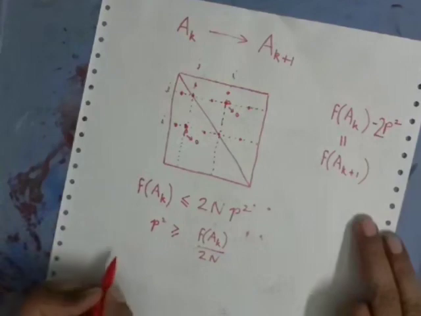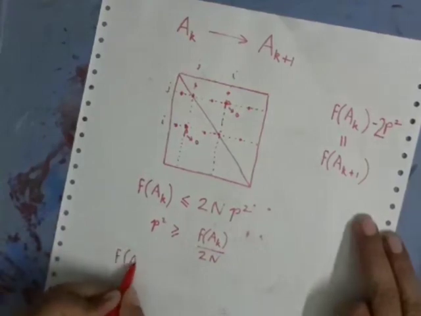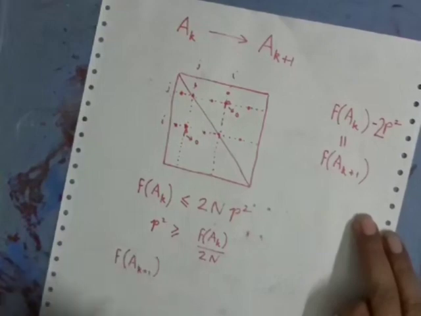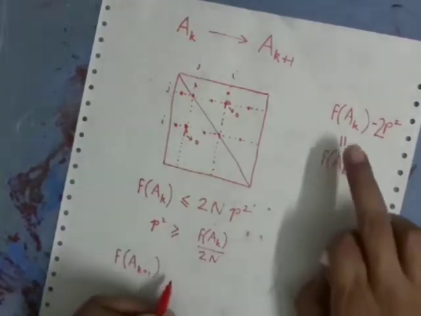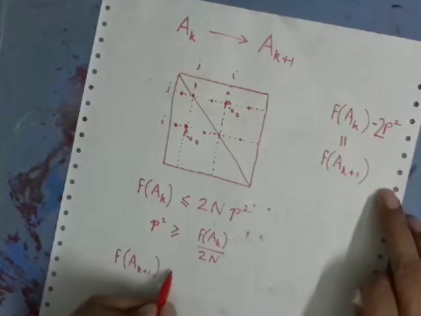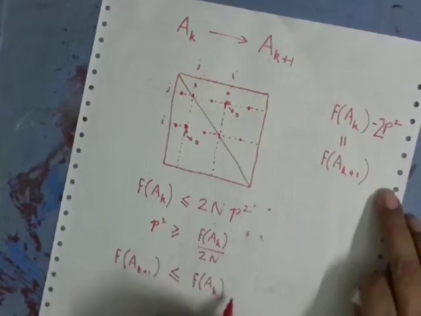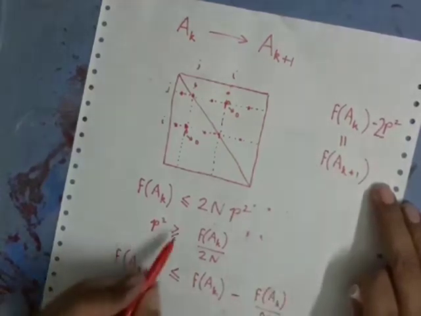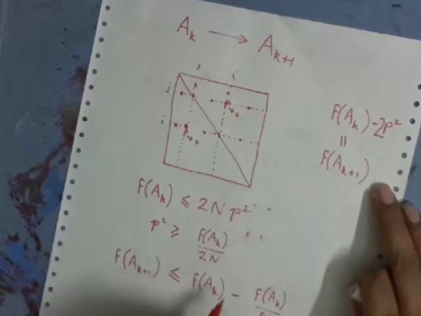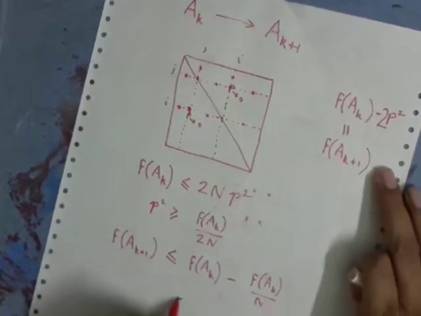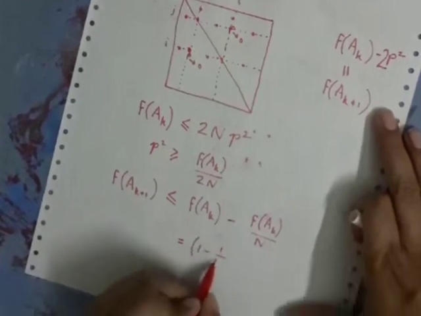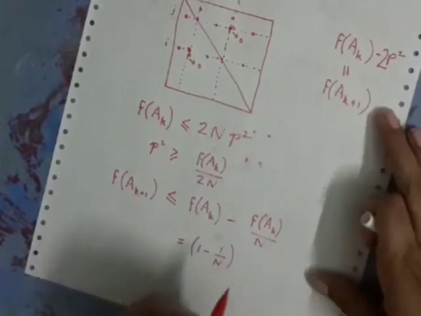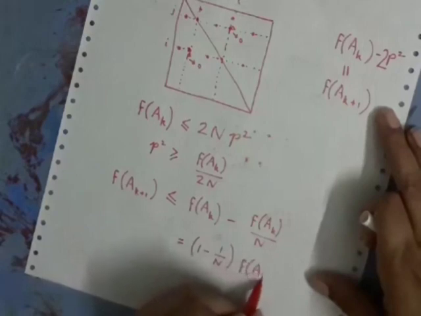Now put the 2 things together and you can see how f of A k plus 1 will be changing. That is equal to f of A k minus this. So this will be less than or equal to f of A k, the 2 and this 2 cancel, minus f of A k by N. This was greater than or equal to, but this became less than or equal to because I have a minus sign here. And that is 1 minus 1 by N, times f of A k.